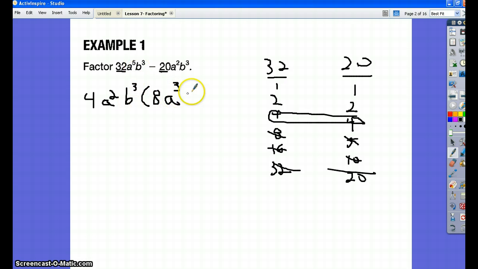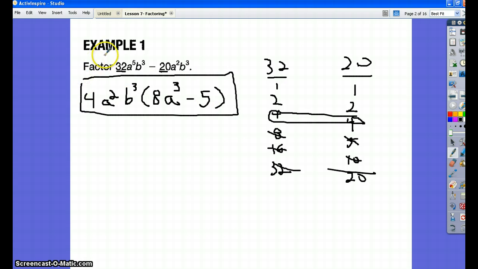And then b cubed goes in that once, so we don't have to write anything. Minus 4 goes into 20 5 times. A squared goes into that once, and b cubed goes into that once. So therefore, that would be the final answer right there. So you're just taking out the greatest common term that they both have in common.